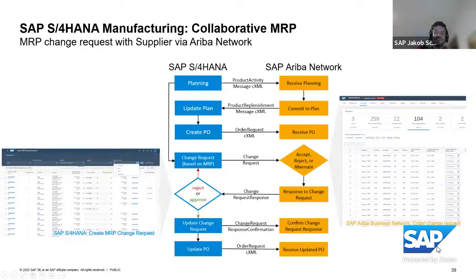The next one I already explained quite comprehensively. So the collaborative MRP, we will also have a short demo on that in a second. But to repeat it once again, the idea is first of all to have, on the S/4HANA side, a structured management of MRP change requests that are exchanged between the manufacturing department and the purchasing department, and at the same time to have an instant connection and an instant exchange with the supplier via our supplier network.